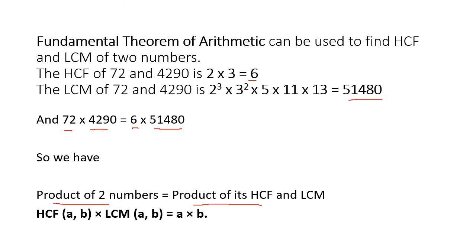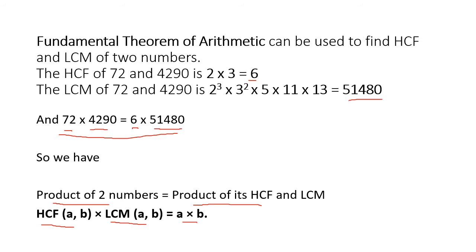Means if you have two numbers A and B, then if you take the HCF of A and B and the LCM of A and B and multiply them both, you will get A into B. So this is a very good thing we learned today. The product of the two numbers is also the product of its HCF and its LCM.